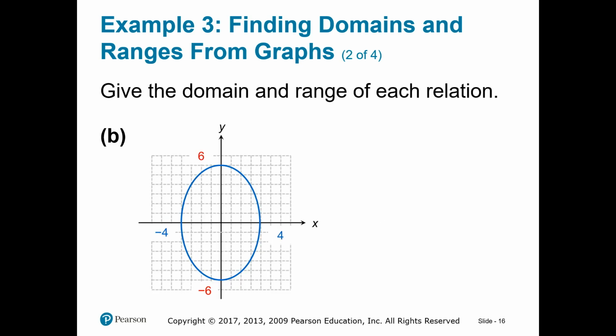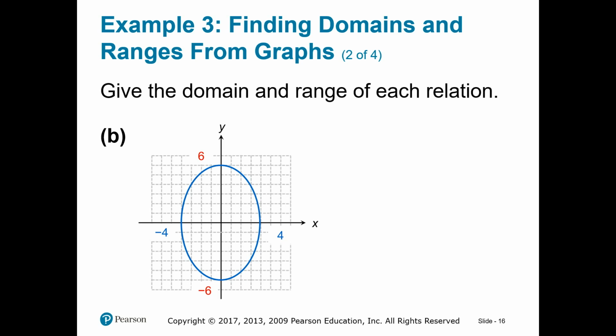What is the domain and range of this relation? You say the domain is the set of x values, right? So let me draw this graph here. So you have this.